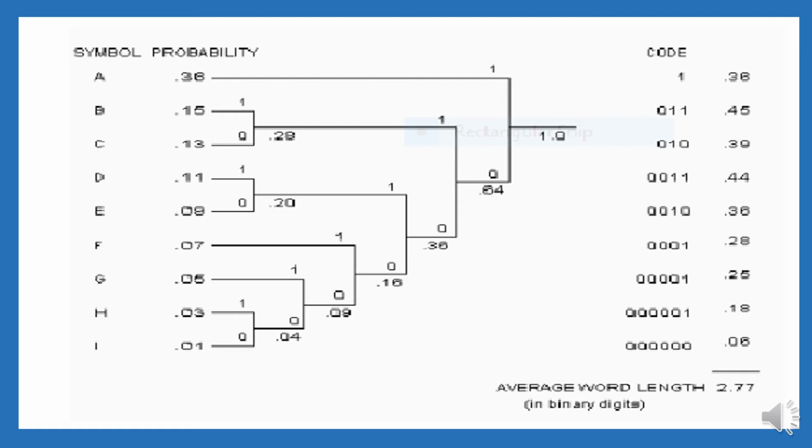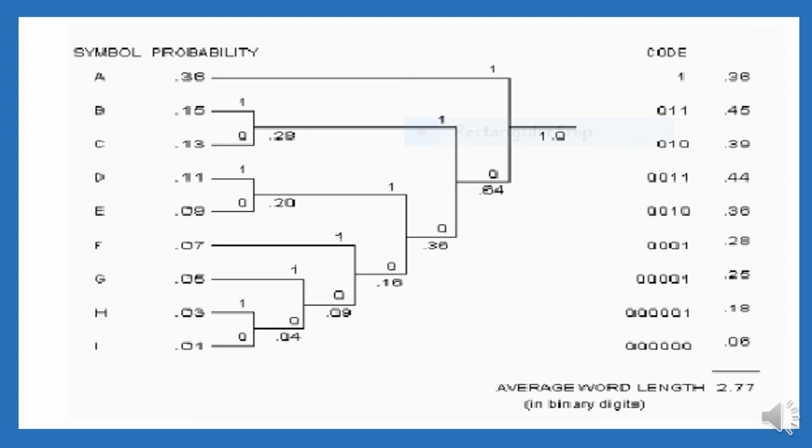Here also assign the values 0 and 1, and again you repeat this step, that is, you add 0.09 with 0.07, you then get 0.16, and again you add this 0.16 with the next one, that is 0.20, and this process is repeated. And after doing this, you assign the bit values.